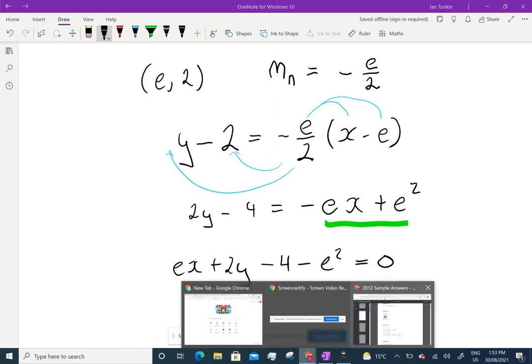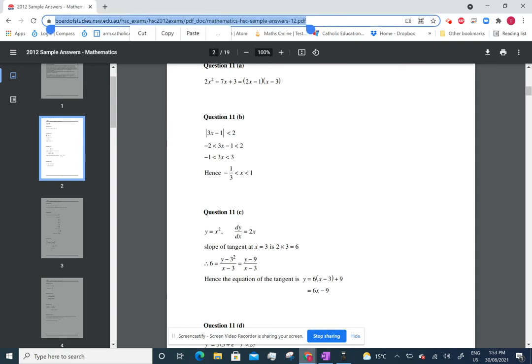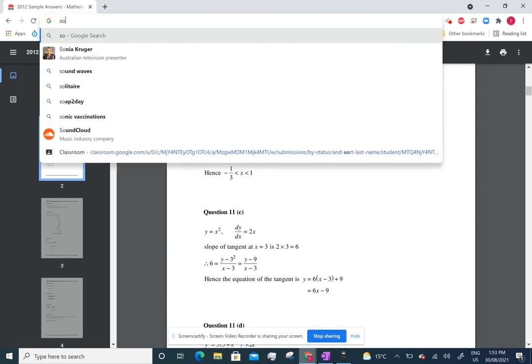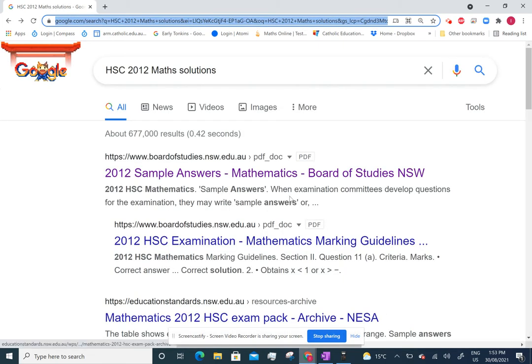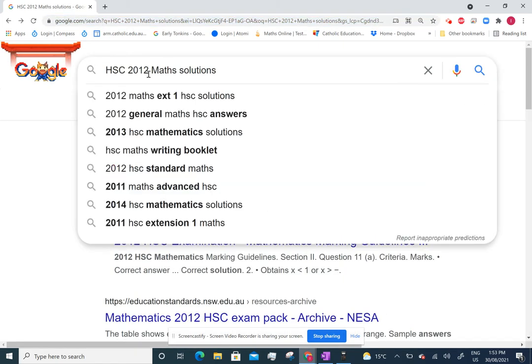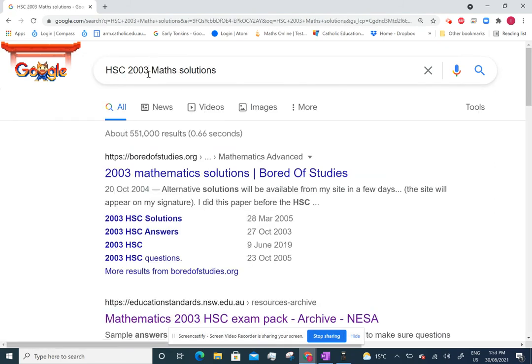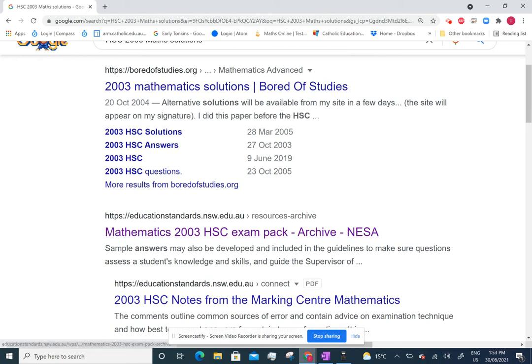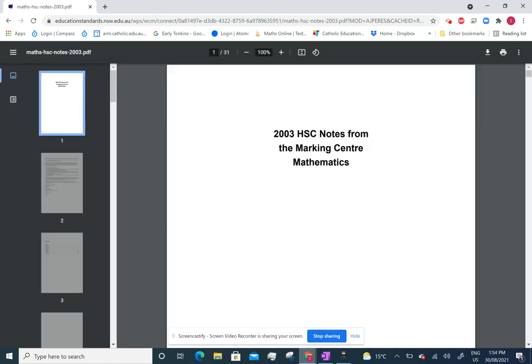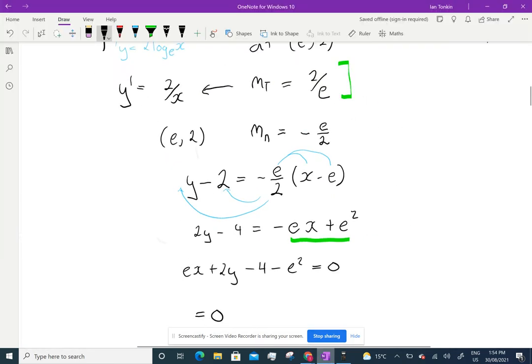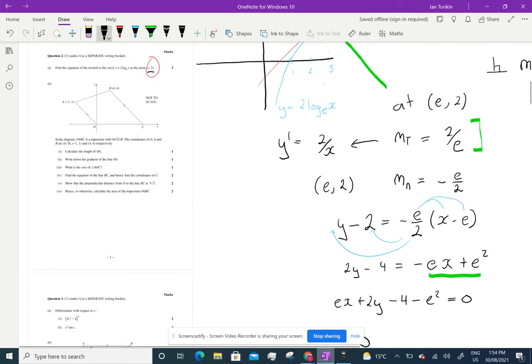If we check it out, let's go back and change that to 2003. Notes from the marking centre. What question was it? 2A.